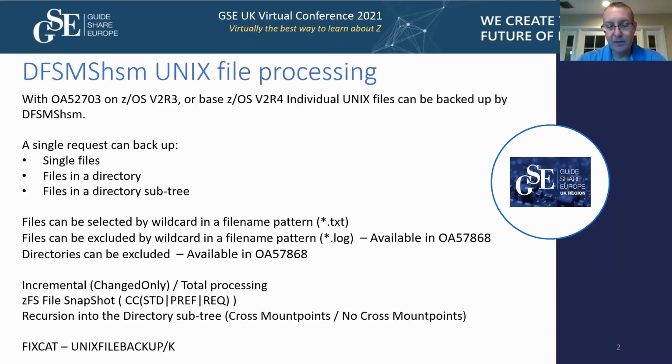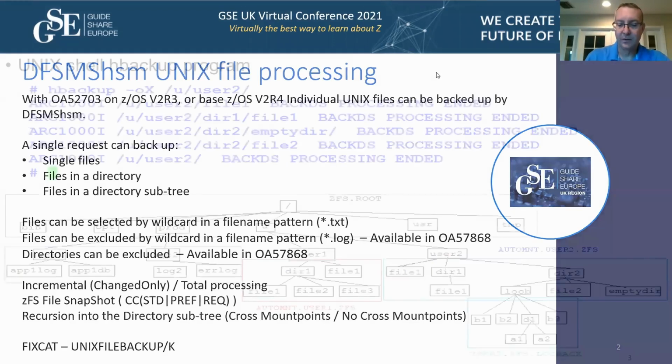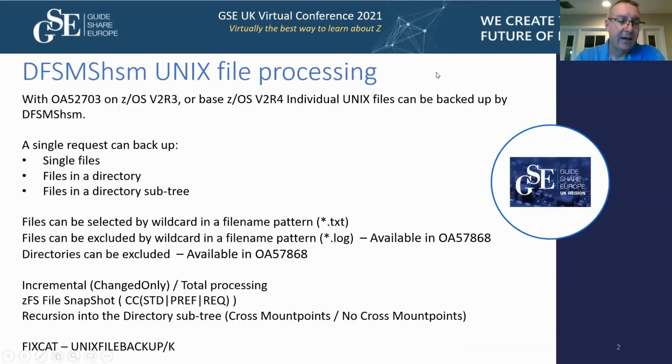So this support by default only does incremental processing. Well, that's the default. If you want to, you can say you want to take a new backup of files even though there's an existing backup. I don't know why that's like that. And in the support, we included something that's called ZFS file snapshot.